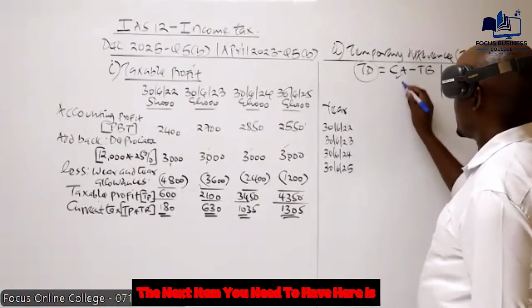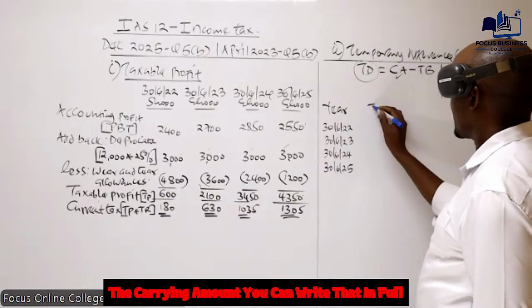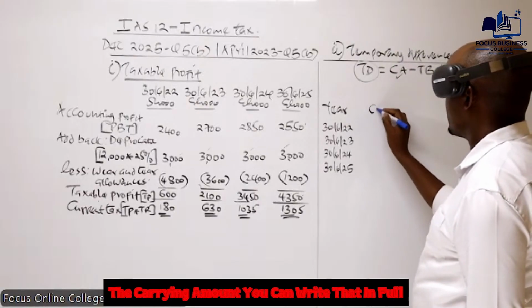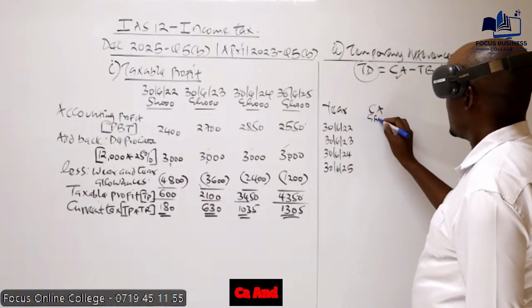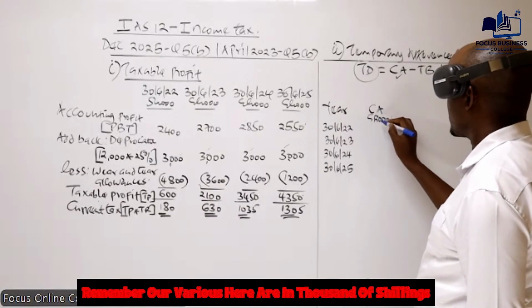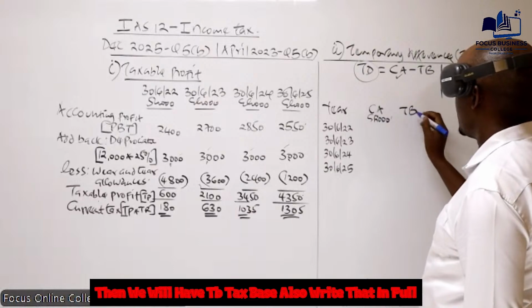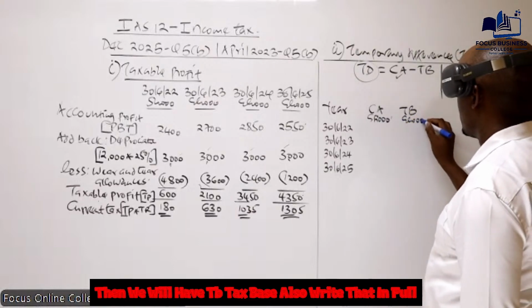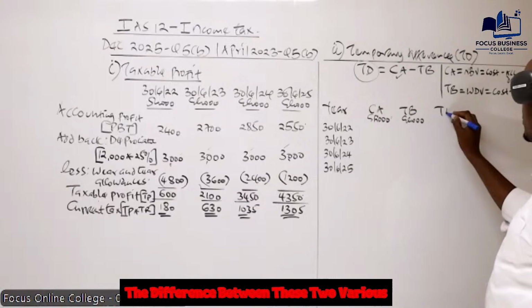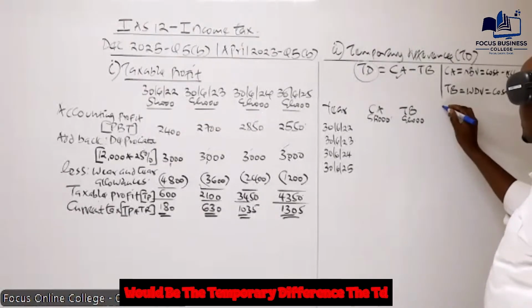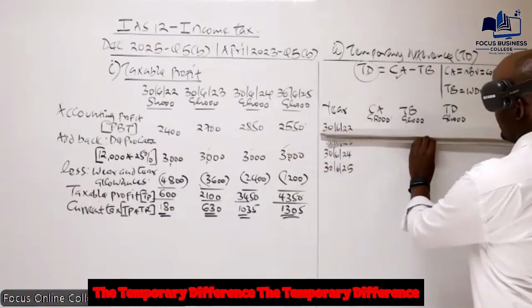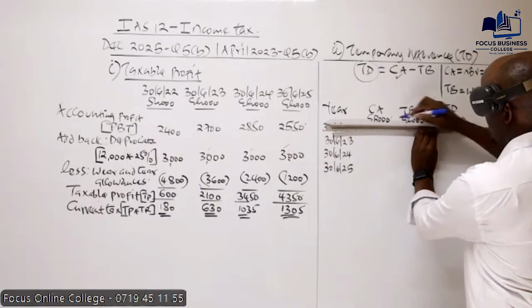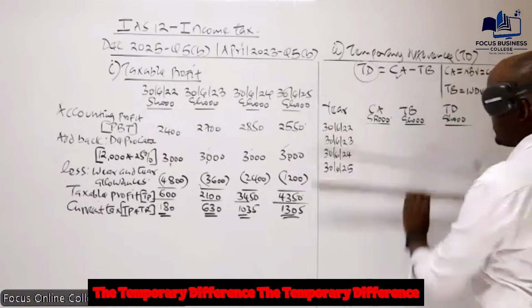Then the next item is the carrying amount, CA. Remember, our values here are in thousands of shillings. Then we will have TB, tax base. The difference between these two values will be the temporary difference, the TD.